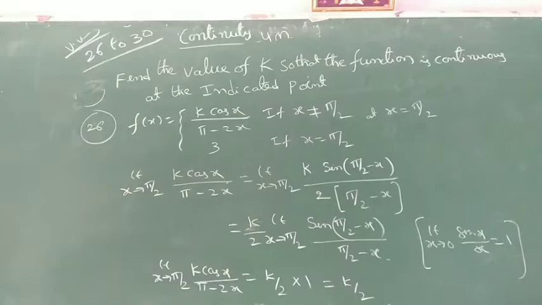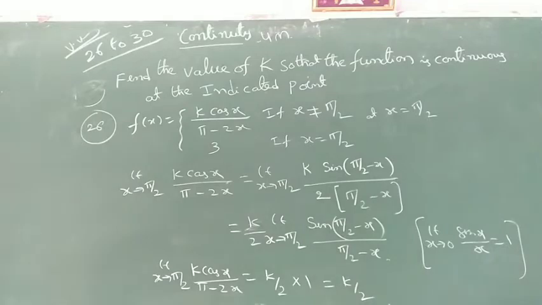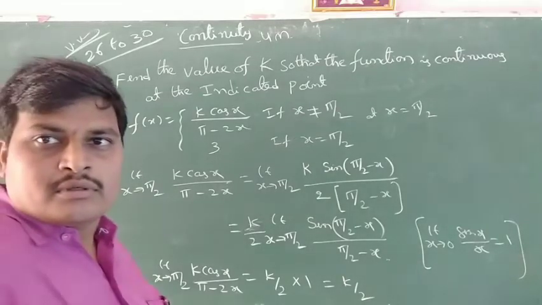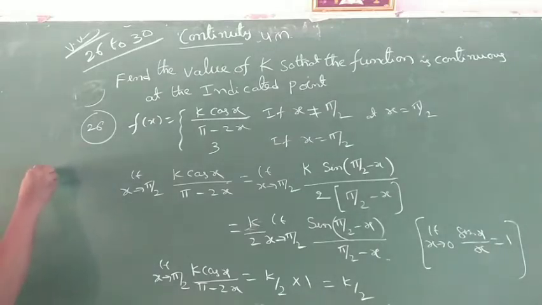K by 2 is the value. Next, LHL and RHL both have the same value, k by 2. Next, f of a: f of pi by 2, exactly at pi by 2.